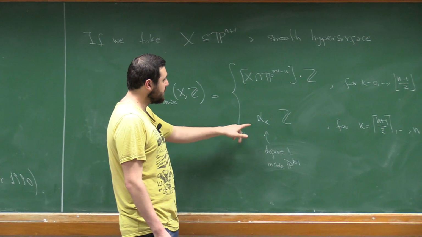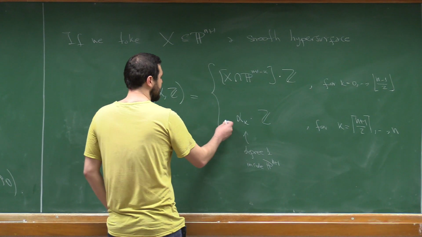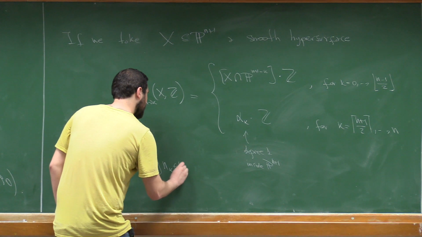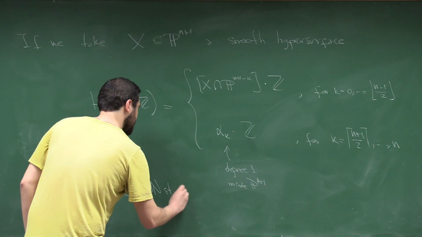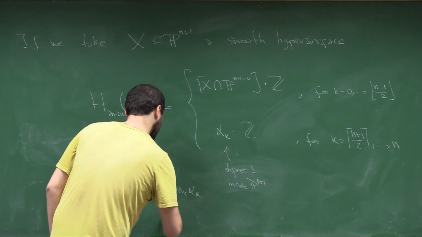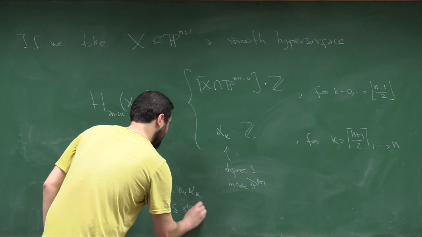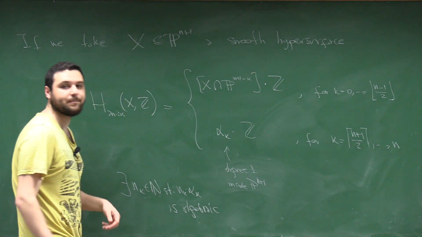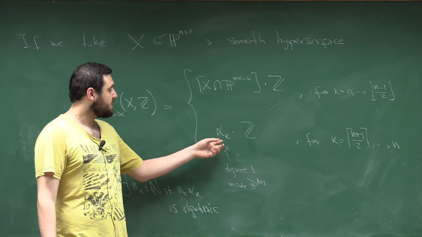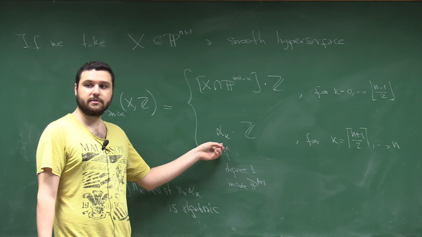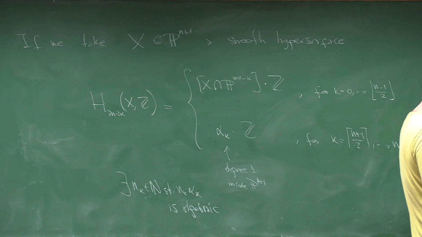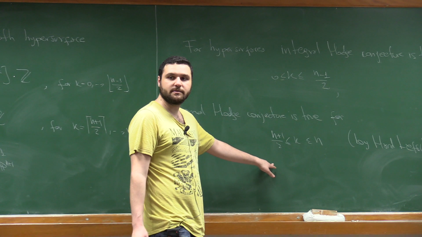So in particular, what we're saying is that there exists some natural number n_k such that n_k times alpha_k is algebraic. So a priori, this guy is not necessarily algebraic, but a multiple of it is algebraic. That's what we know. So in particular, the Hodge conjecture will also be true for this other case, right?